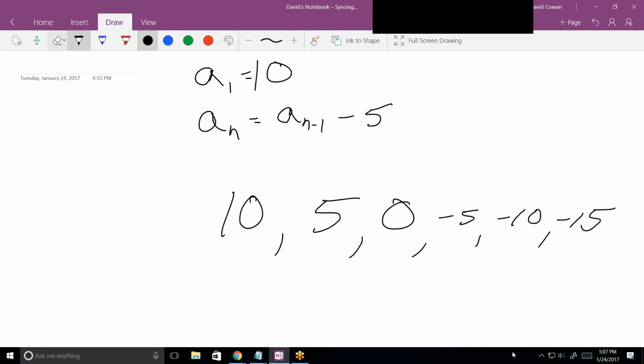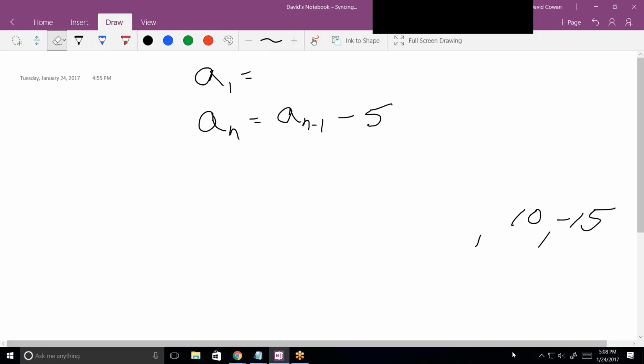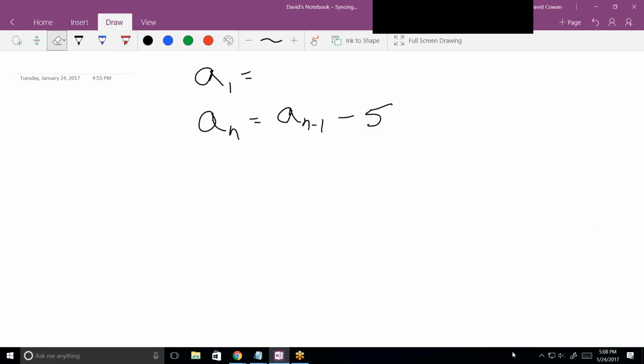What else? A sub 1 equals 2, and then... Make sure you say A sub 1, because A sub n means something entirely different. Now we're working on geometric. So A sub n equals 3 A sub n minus 1.